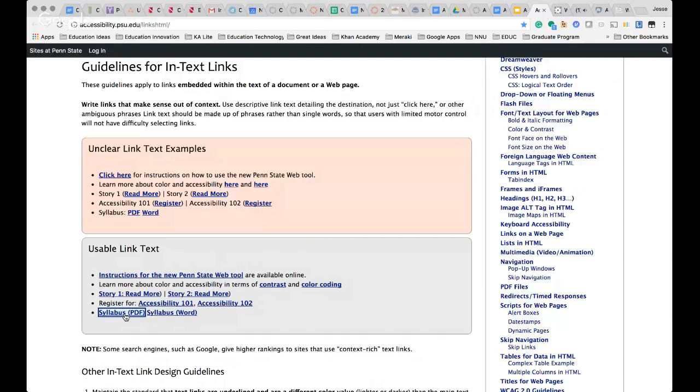And if I have a Word document, that's a syllabus, they have another one right there too. So, not physically, but virtually, I can see what that looks like. I know that the syllabus in PDF form is at this link, or the syllabus in Word document form is at this link.